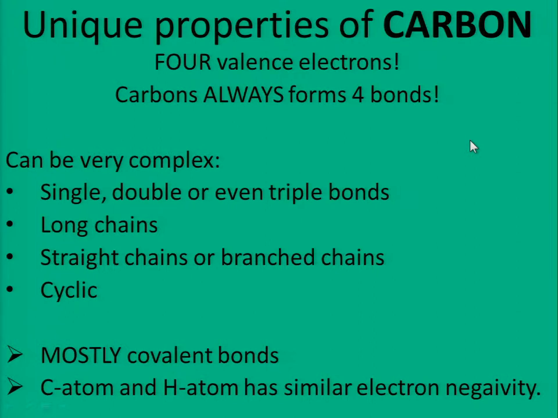They can be very complex, meaning carbons can form single bonds, double bonds, or even triple bonds. They can string along in long chains, or they can form short chains or branched chains. They can even form cyclic molecules.